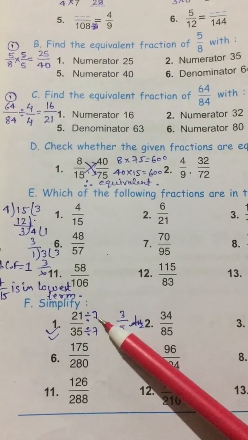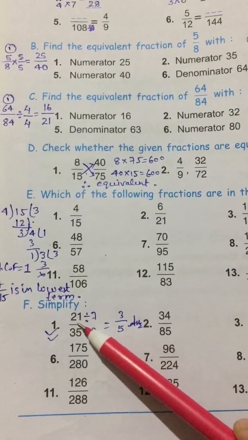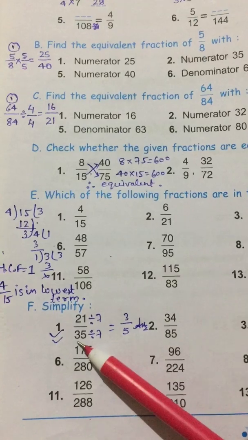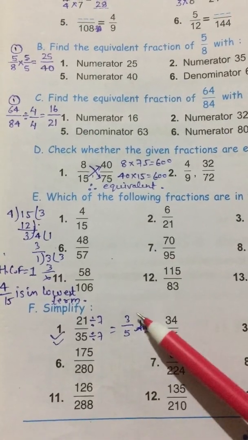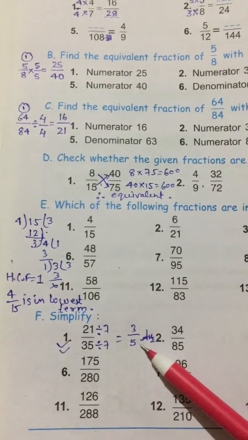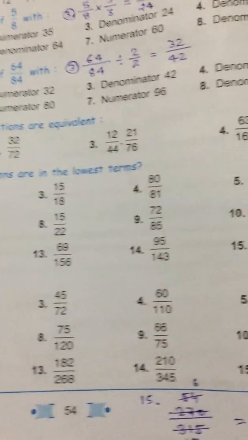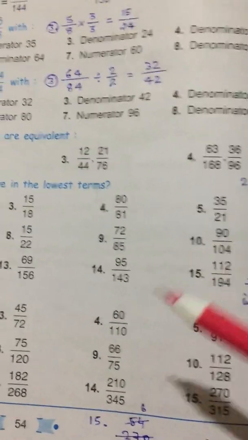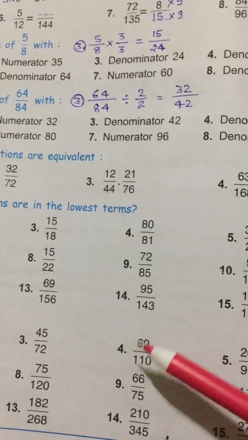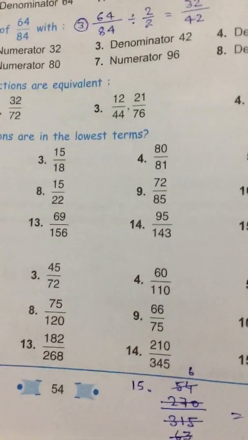So we are dividing by 7, 21 divided by 7, 3, 35 divided by 7, 5. So 3 by 5 is the final answer. So in each question you have to first find the HCF and then divide the numerator and denominator by the HCF. That will be the final answer.